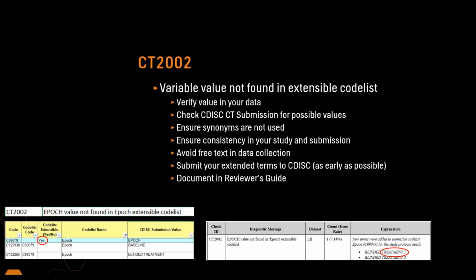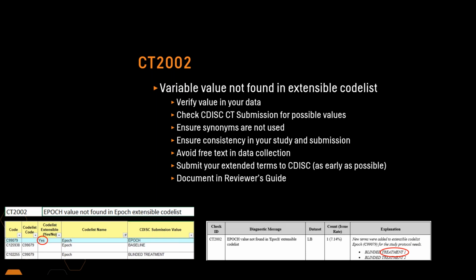CT2002 checks for variable value not found in extensible code lists. The fix tip for this would be to verify the value in your data and check CDISC CT submission for other possible values. Also, again, ensure that a synonym is not used. And then if you do see that you're extending a code list, ensure that you are maintaining consistency within your study and the submission.